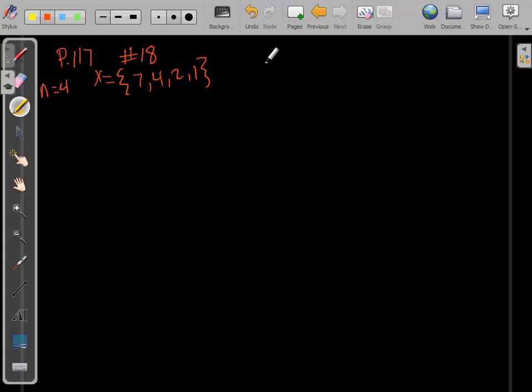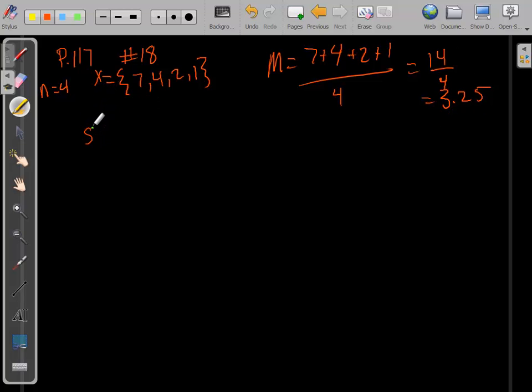If our sample mean is something that's not nice, in this case it's going to be 14 divided by 4, which is 3.25. Then, to build up with the definitional formula, we have S equal to the sum of each one of these minus the mean, squared.